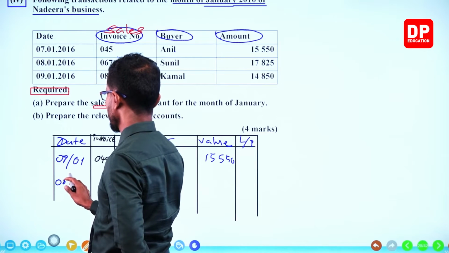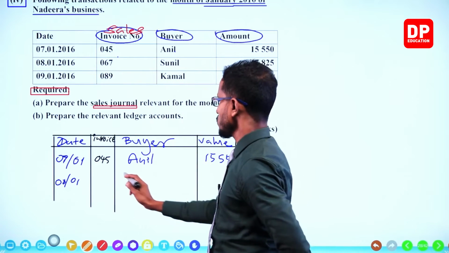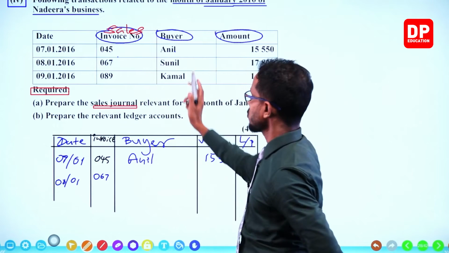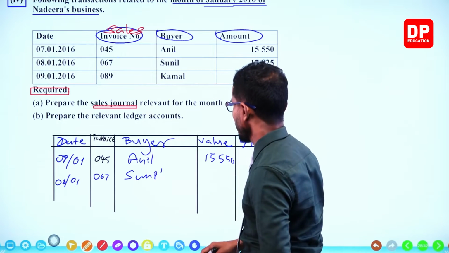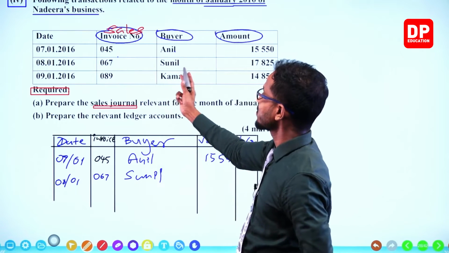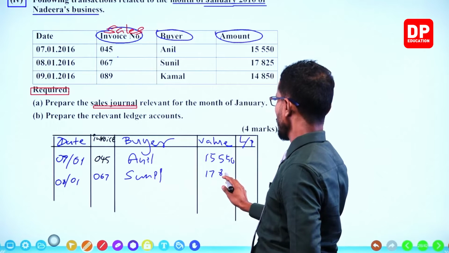Next, 8th January. 067 is the invoice number. Sunil. Typical names. Anil, Sunil, Ranil. Sunil, 17,825.